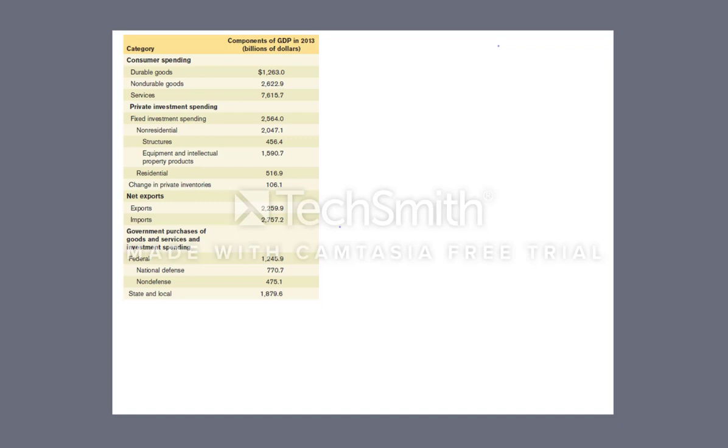If you notice from the table, we are looking at GDP in 2013, and we're talking about billions of US dollars. So 2013 consumer spending would be this number right here.